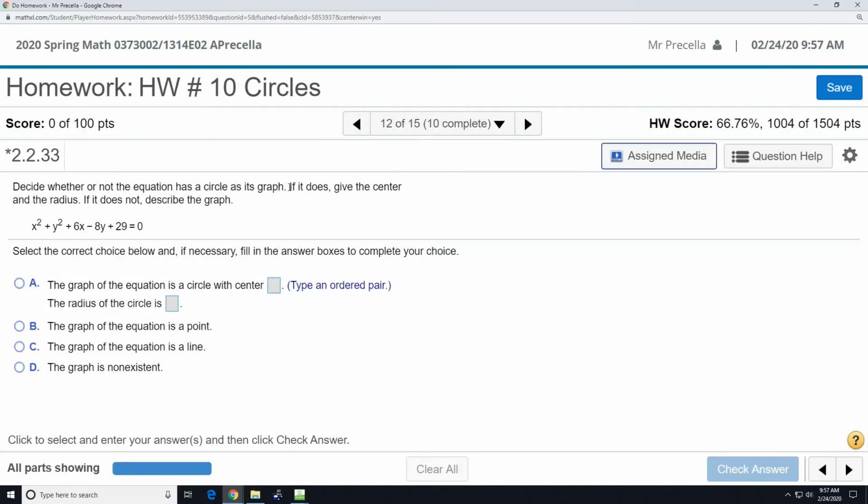On number 12, it has those same options. Point, line, non-existent. Well, since there's exponents up here, definitely don't say it's a line. If there's an exponent in the equation, it can't be a line. So let me write down number 12.